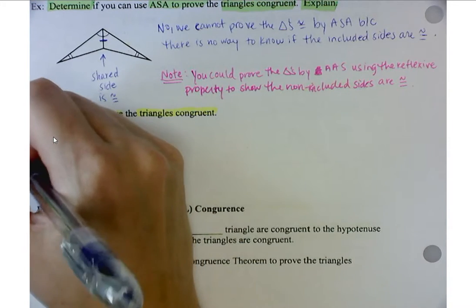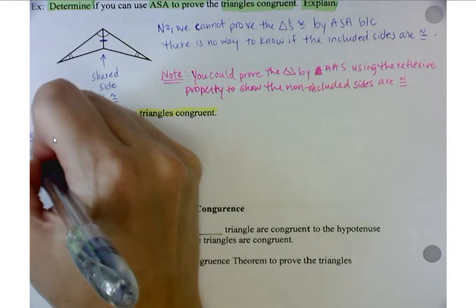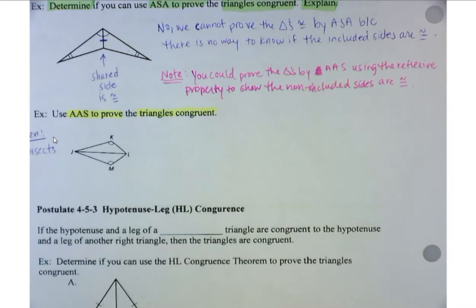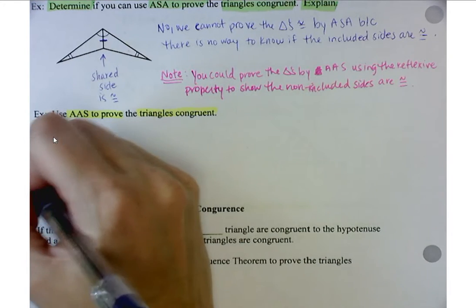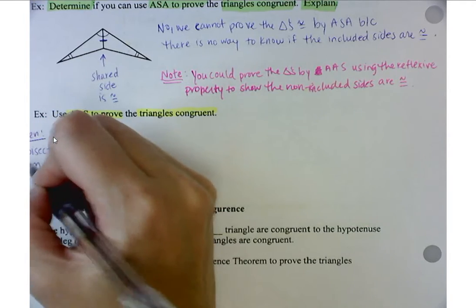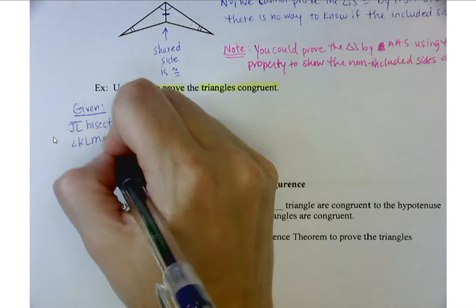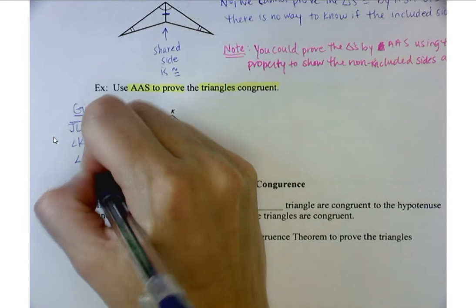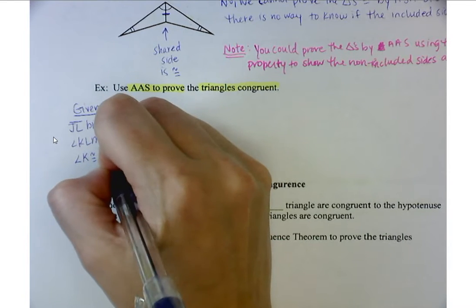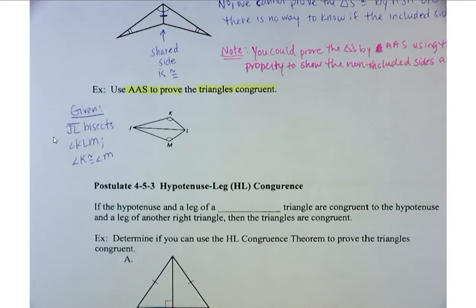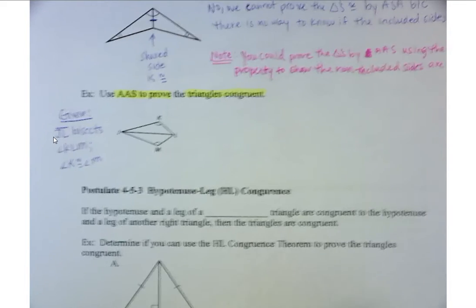The first one is that JL bisects angle KLM. And the other statement is angle K is congruent to angle M. Okay, and then we're going to set up our proof.